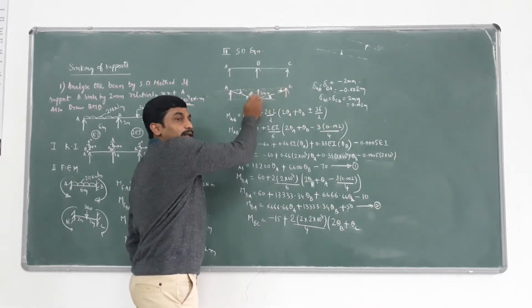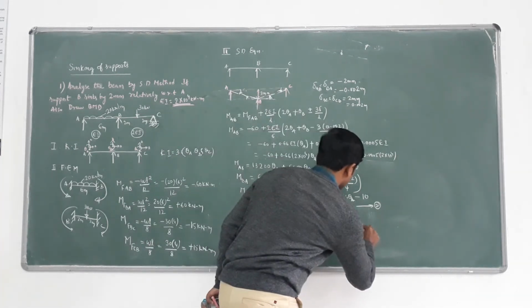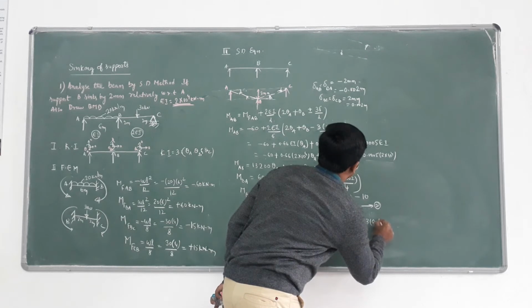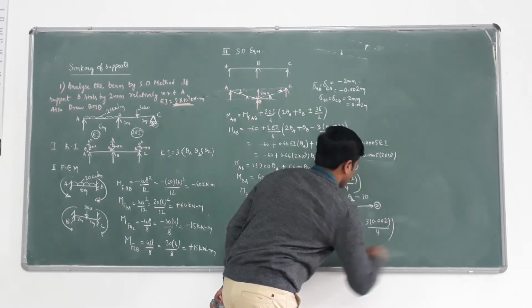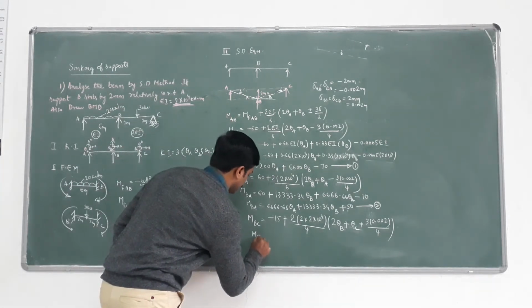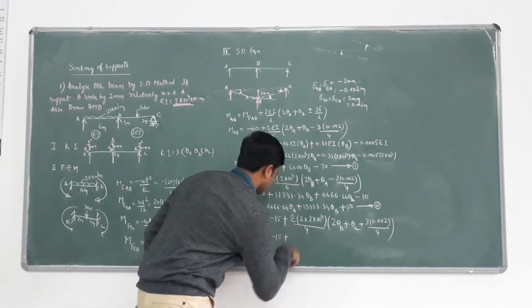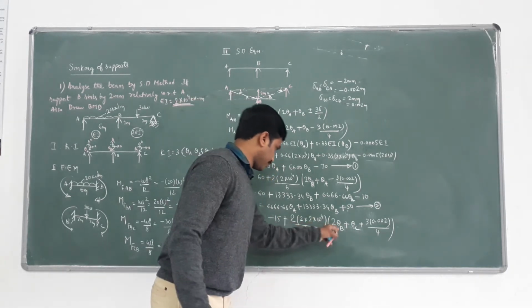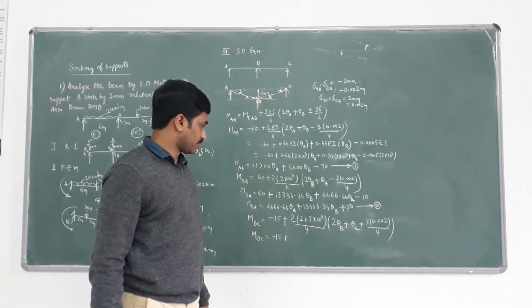BC equals CB, positive, plus 3 delta by L, which is 3 into 0.002 divided by 4. So once again MBC equals minus 15 plus 2 into 2 into 2 into 2, which is 16 into 10 power 4 divided by 4.